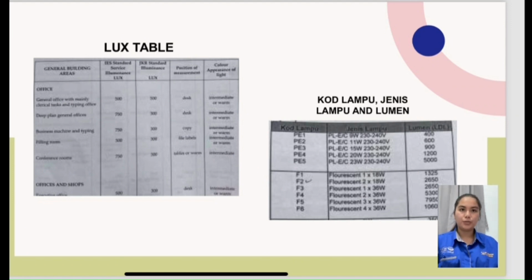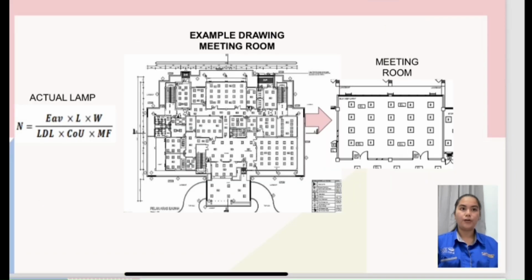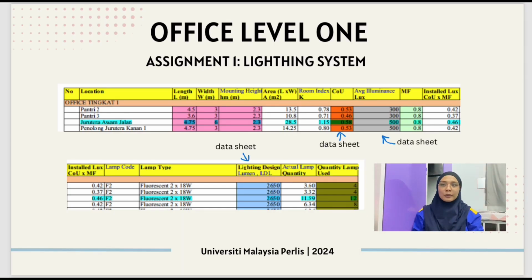For example, I choose the meeting room. I interpret it to 20 lamps in the room, with the actual calculation of the lamp being only 18.46.